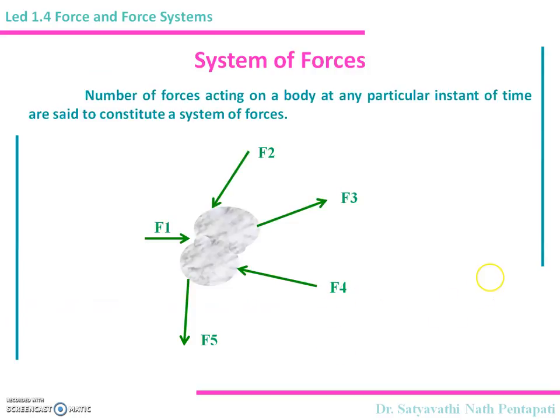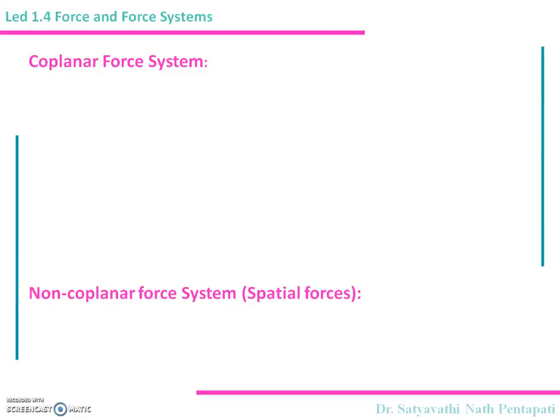Because to predict the effect of these number of forces on the body, if we classify them into different systems, it will be easy for us to predict the effect of all these forces on the body. So let us learn what are the different systems of forces.